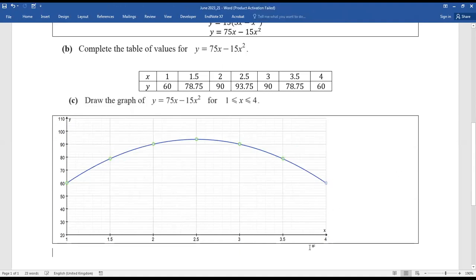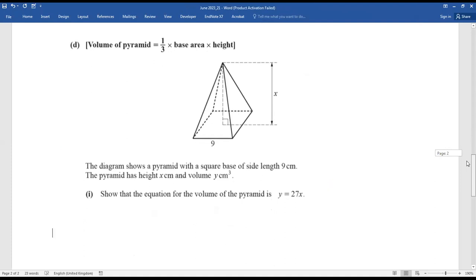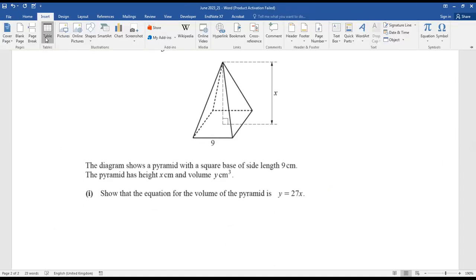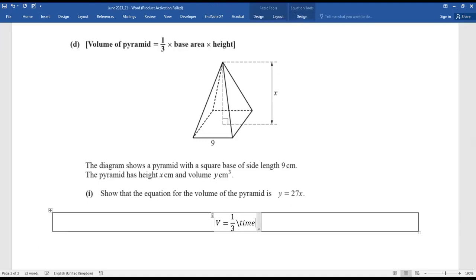Okay, moving on. These were the first three parts. Then the next part says that the volume of a pyramid is 1/3 into base area into height. And now it expects us to show that the volume of the pyramid V can be written in this way. The volume is 1/3 in place of base area.